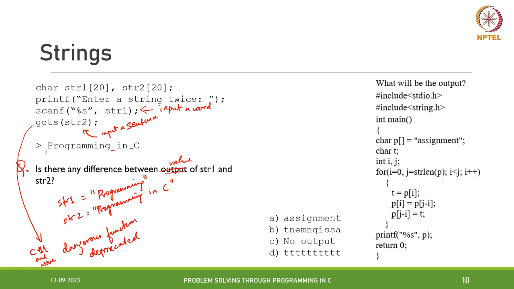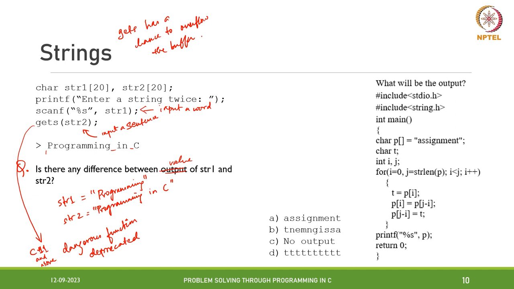The function is deprecated, and it's a dangerous function. Why? Because gets has a chance to overflow the buffer. gets does not specify any maximum capacity for the array input.